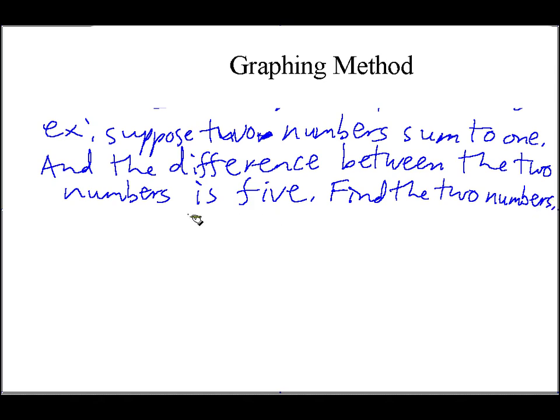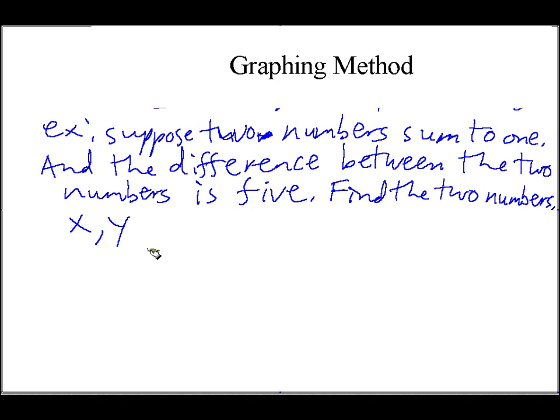So how do we go about doing something like this? Well, the first thing we're going to do is introduce two numbers. Let's call those numbers x and y. The first number is x, the second number is y. Suppose these two numbers sum to 1.